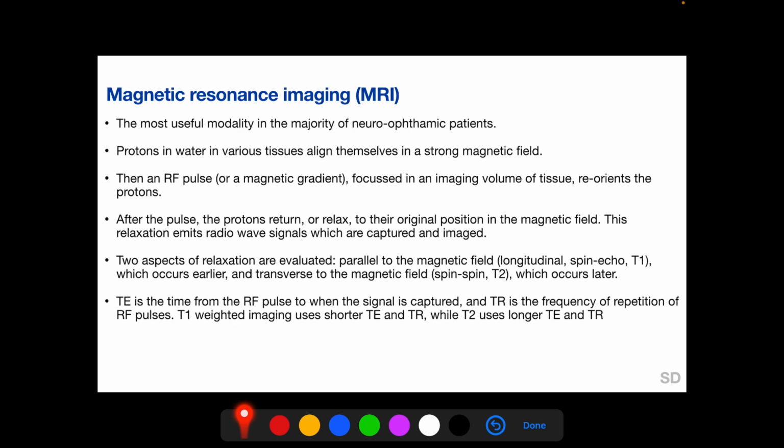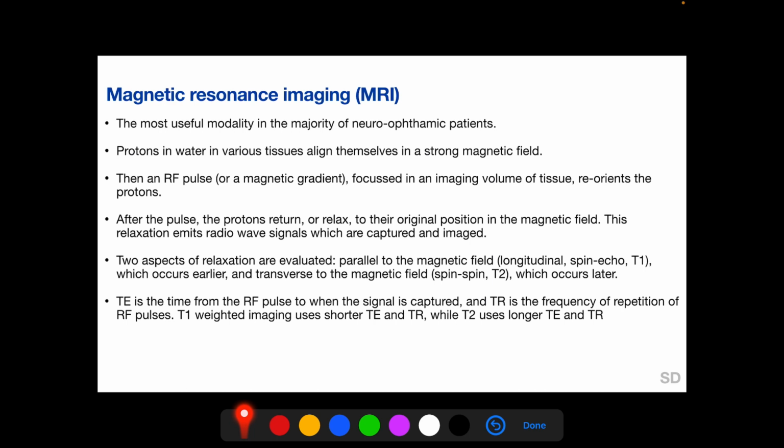Two aspects of relaxation are evaluated. One is the relaxation parallel to the magnetic field, or the longitudinal relaxation, also called the spin echo or T1 relaxation, which occurs earlier, and the other relaxation is transverse to the magnetic field, called the spin-spin relaxation or the T2 relaxation, which occurs later.